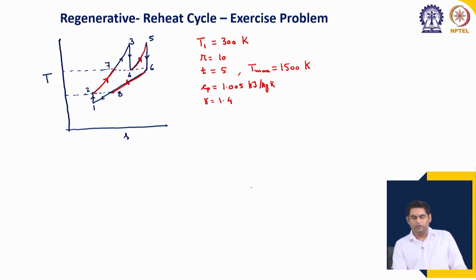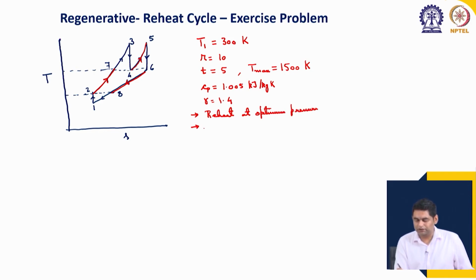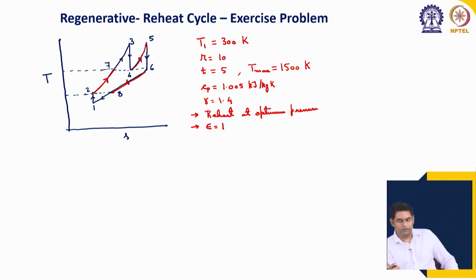Now, the additional constraints that we are going to pose are that, similar to the reheat cycle, the reheating occurs at optimum pressure, exactly the same as the previous problem, and the regenerator effectiveness is 100%, that is also similar to the previous problem for the regenerator.